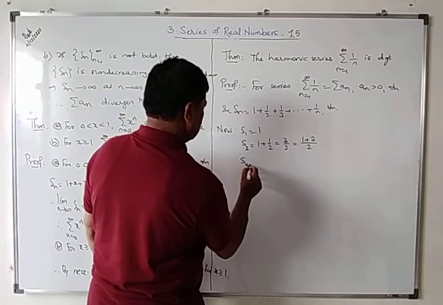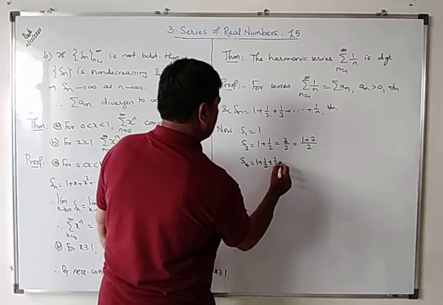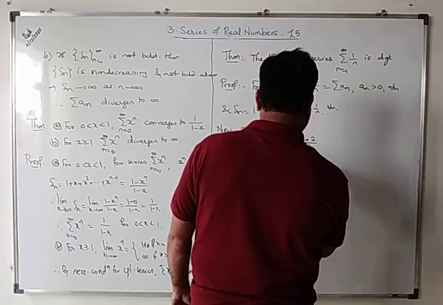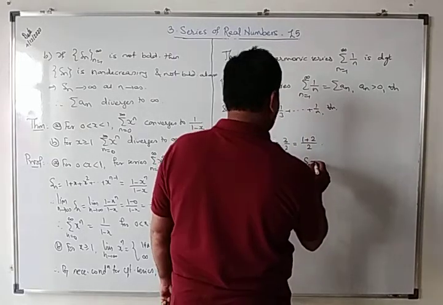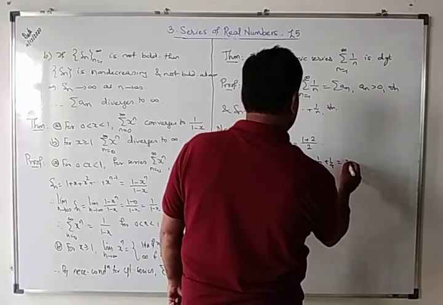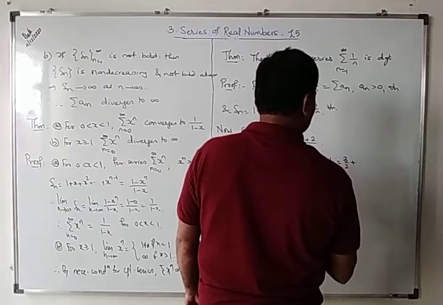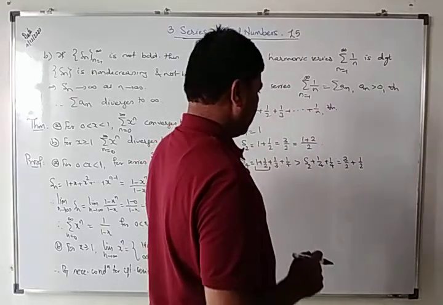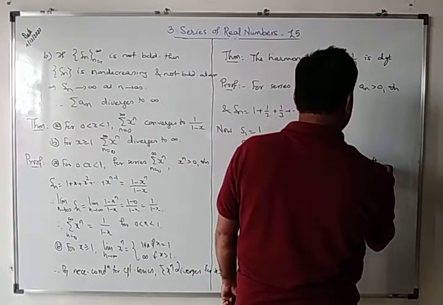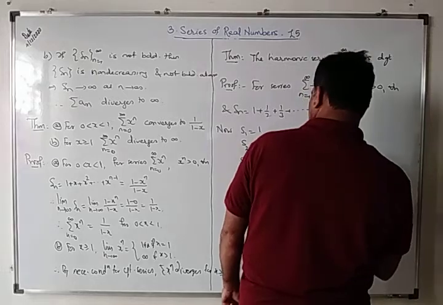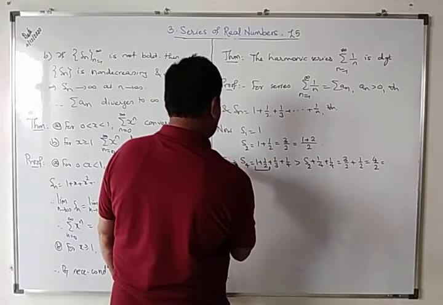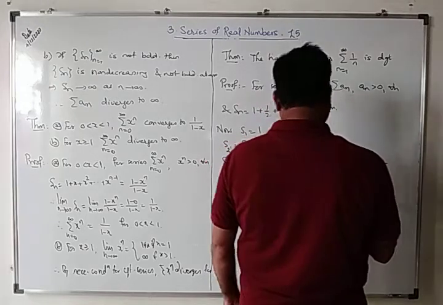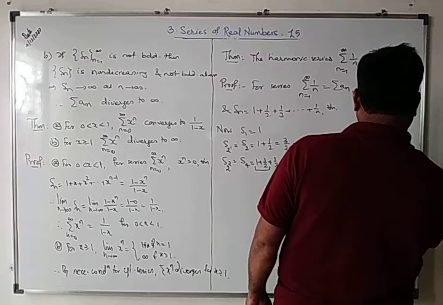S4 is 1 plus half plus 1 by 3 plus 1 by 4, which is greater than S2 plus 1 by 4 plus 1 by 4, which is 3 by 2 plus 2 by 4, that is half. So S2 is 3 by 2 and it will become 4 by 2, which is exactly S_(2 squared). So I'll get this to be (2 plus 2) by 2.